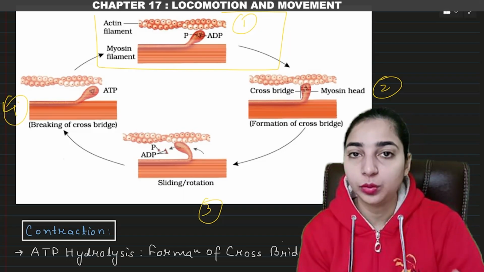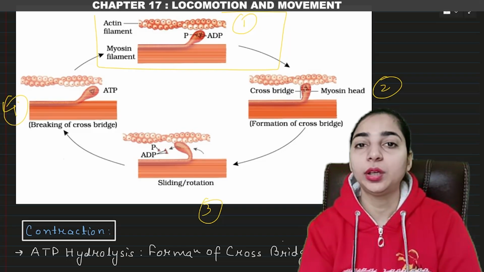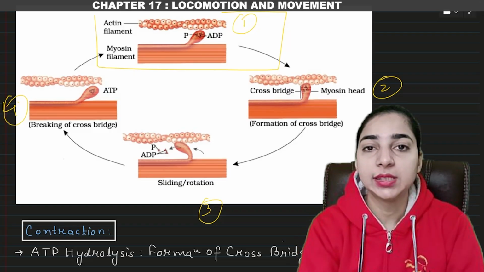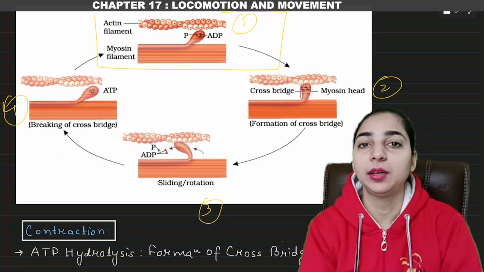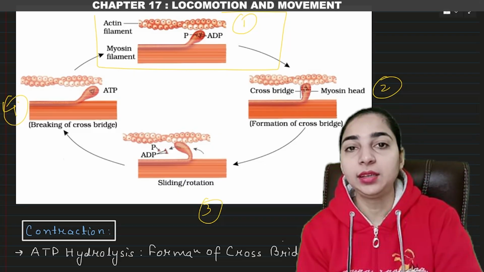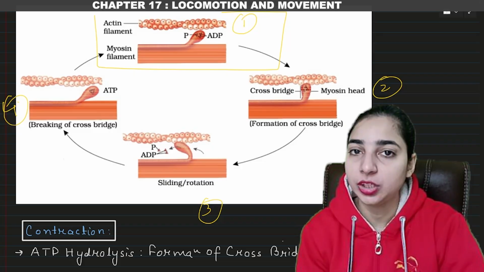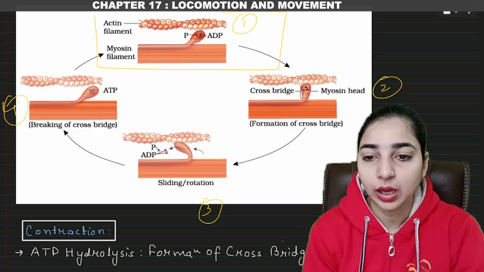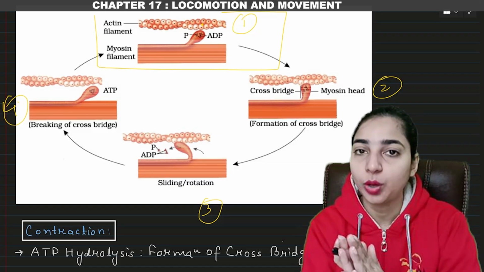Okay, ATP hydrolysis will take place because in order to bind with the actin, myosin needs energy. And where will this energy come from? It will come from the hydrolysis of the ATP. Okay, so ATP will be hydrolyzed and the myosin will utilize this energy to bind with the active site on the actin. Okay, so now they will bind to each other and they will form a cross bridge.